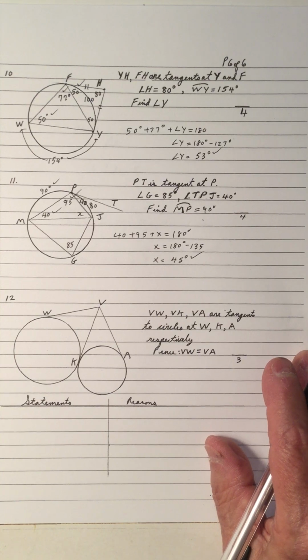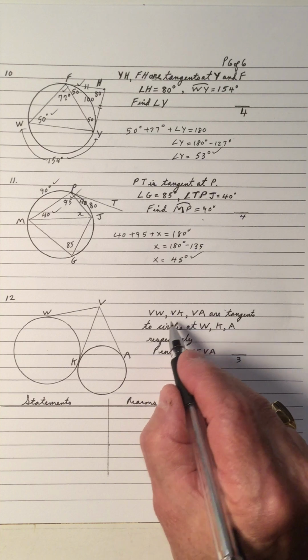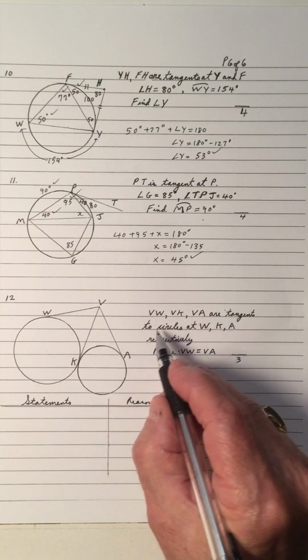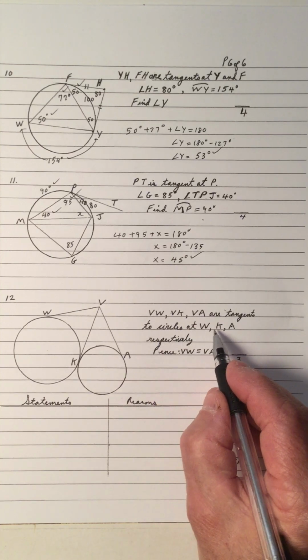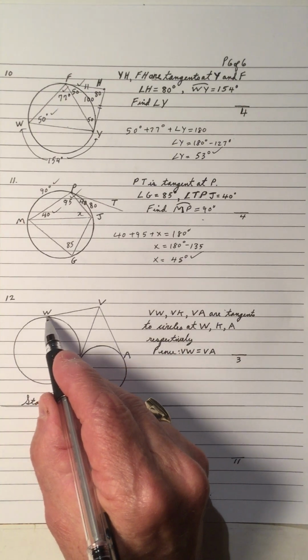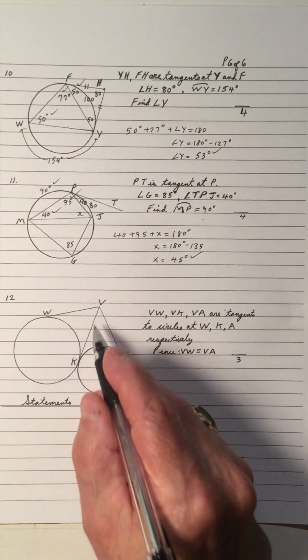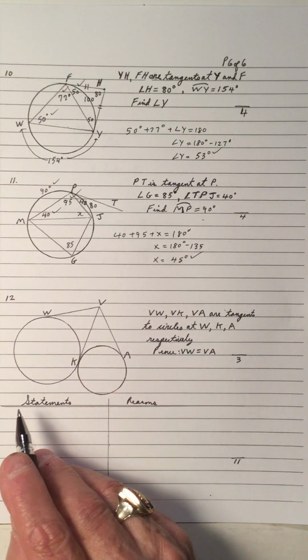And to end it off, let's do a little proof. It says that VW, VK, and VA are tangent to the circles at W, K, and A respectively. So they're tangent at W, tangent at K, tangent at A. Prove that VW equals VA.